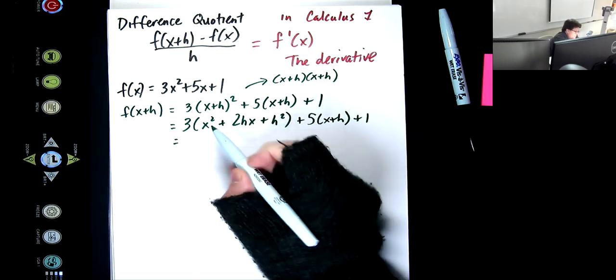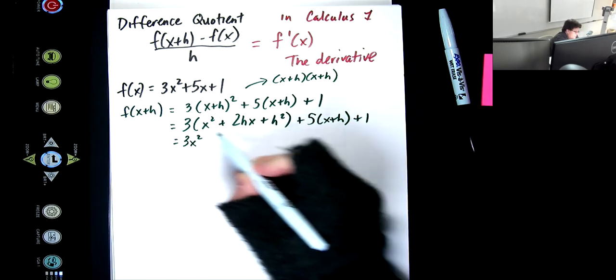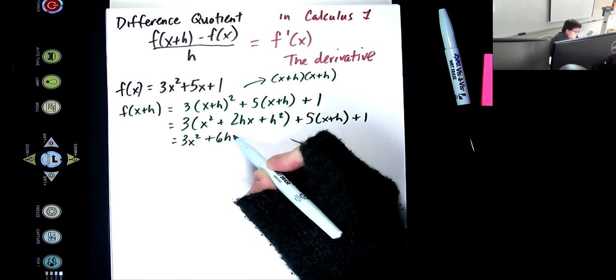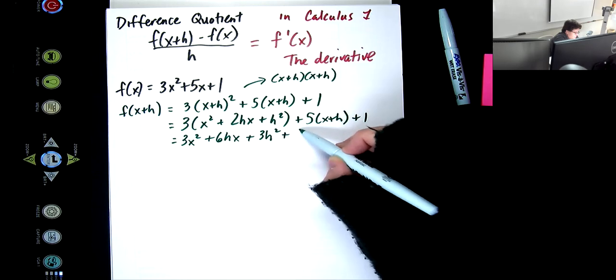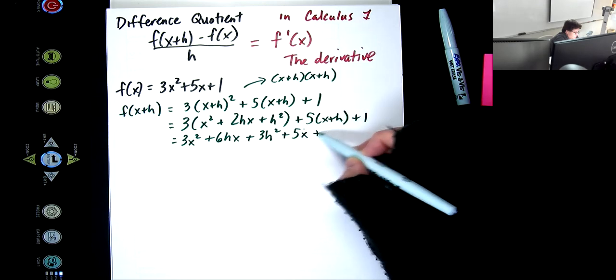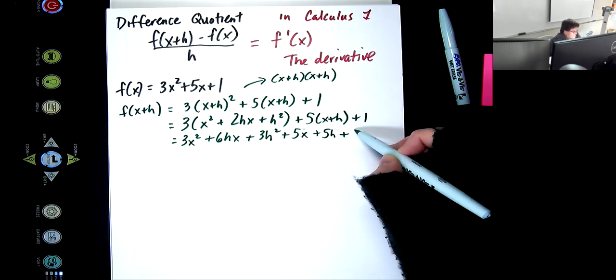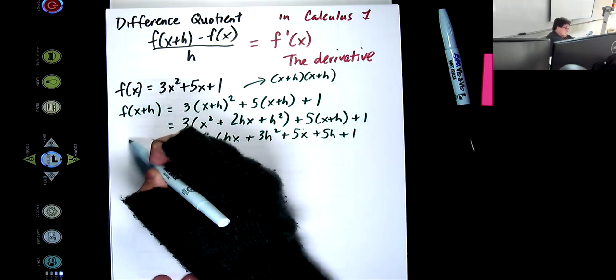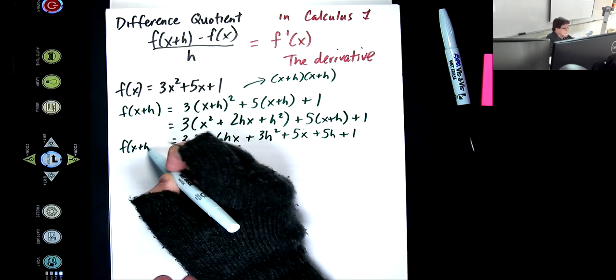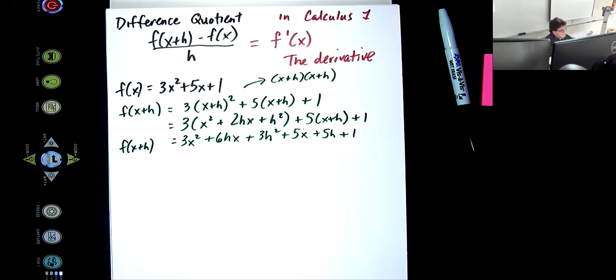I will distribute. And nothing really cleans up. That is f of x plus h. Nothing combines.